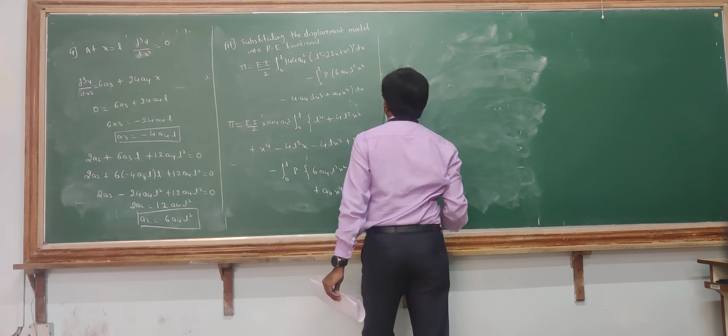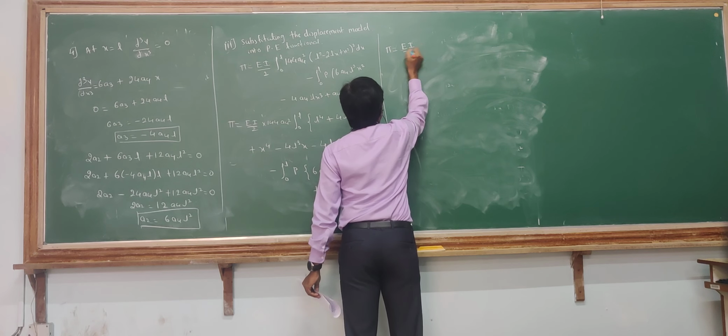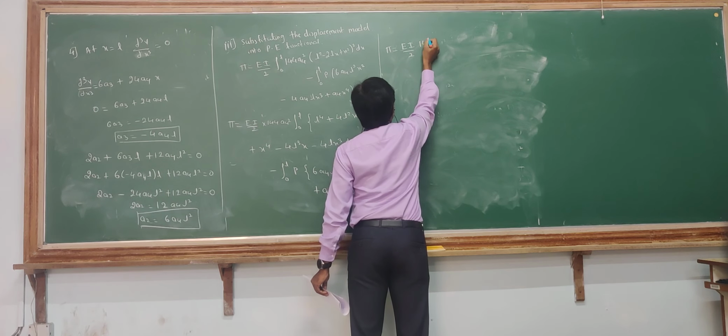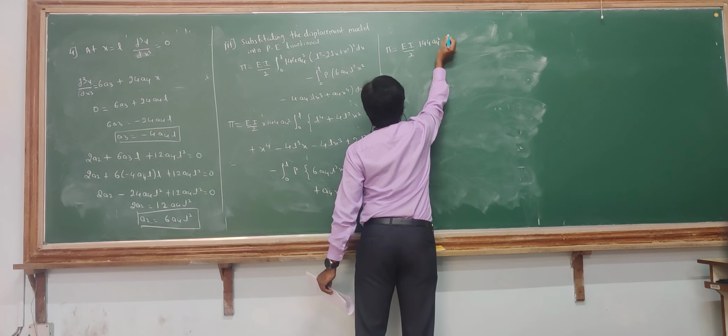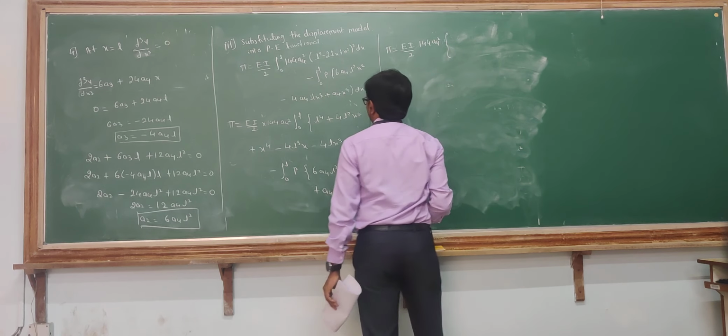Okay, so pi is equal to EI by 2 into 144 A4 square is the thing. So we'll do the integration now.